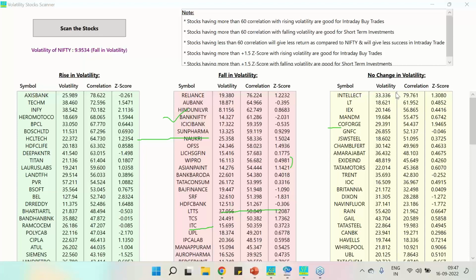That is why Z score works. Z score, or beta decoupling, works on that concept.